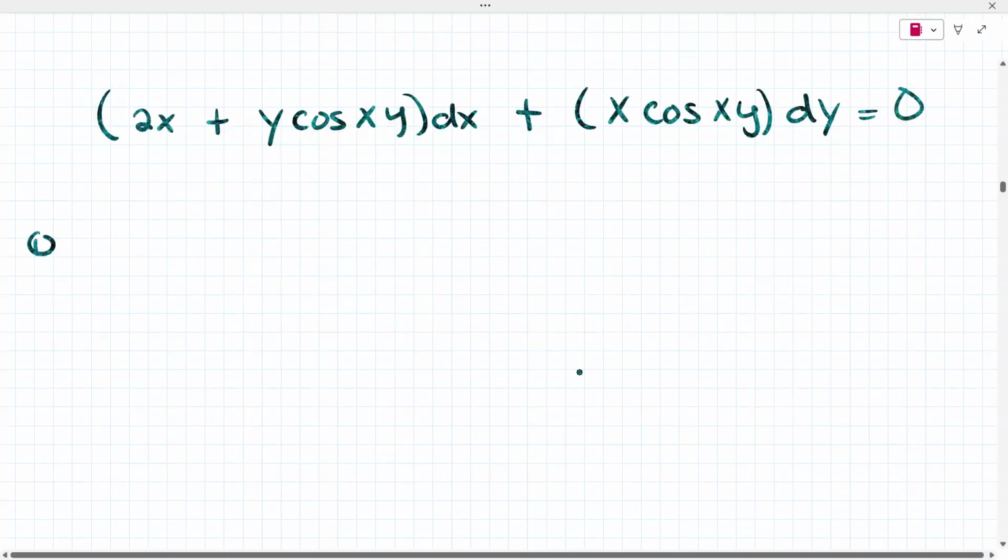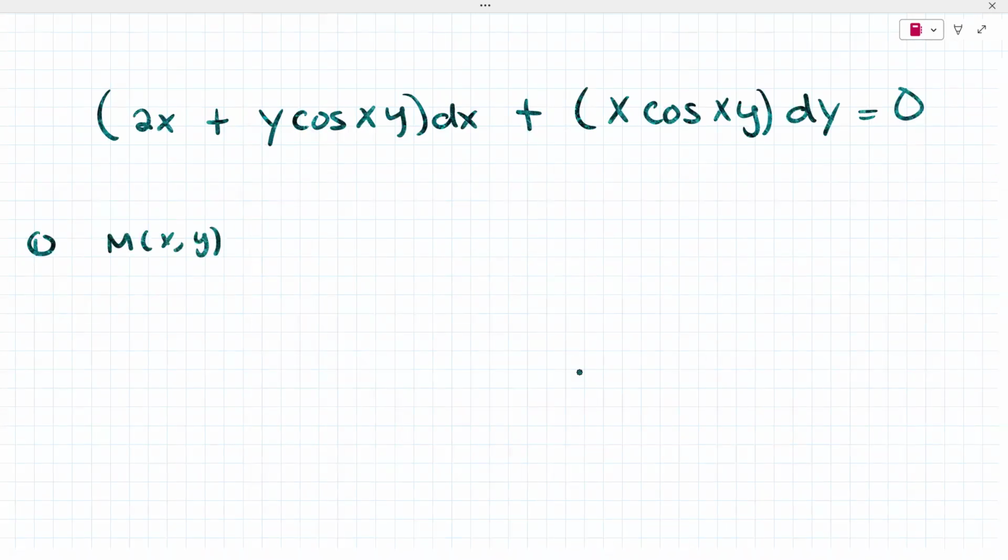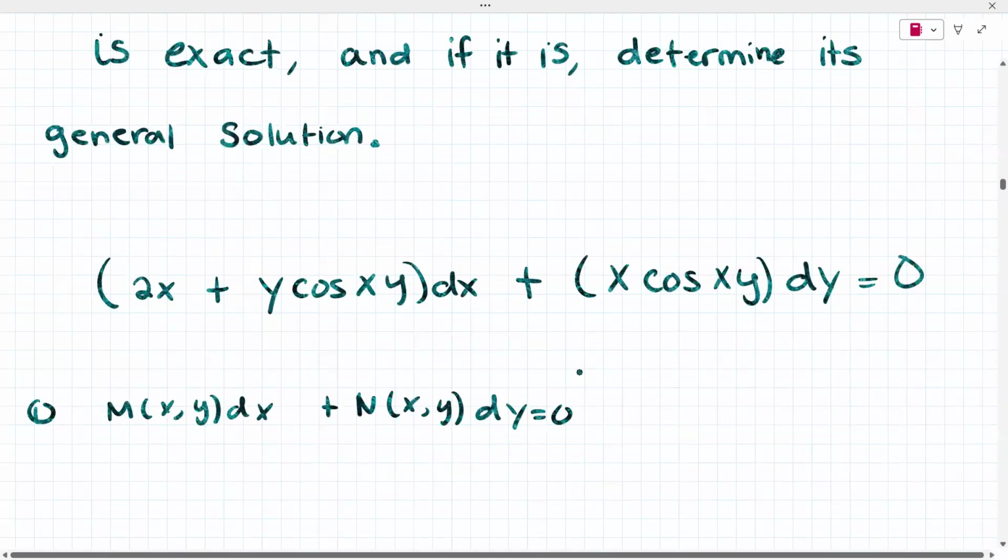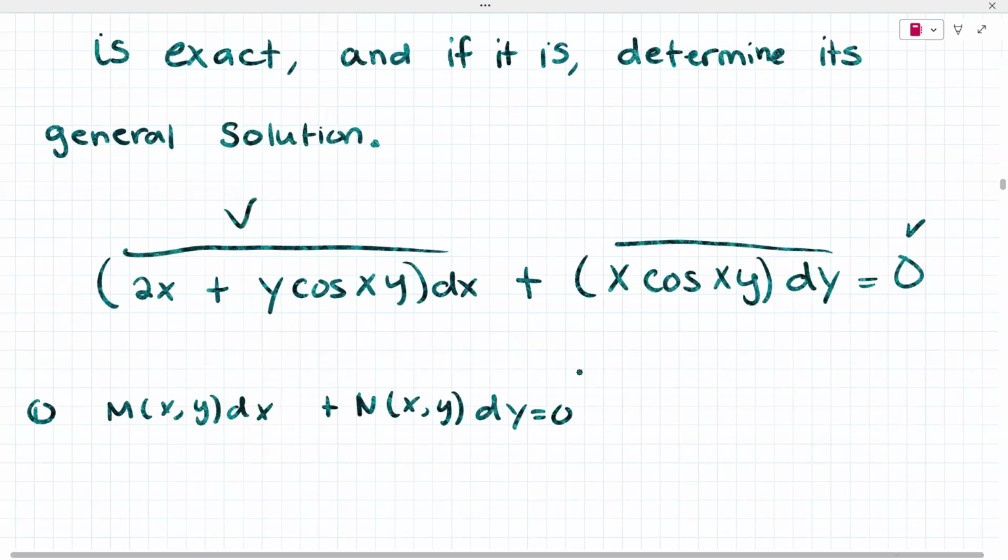I believe it is, but let's see. Is it in the form M of x,y dx plus N of x,y dy equals 0? I believe it is because the right side is 0, this is good, and this is good. Okay, it is in the correct form.